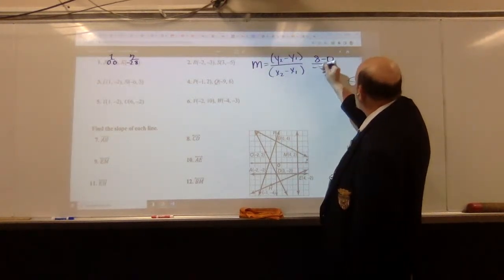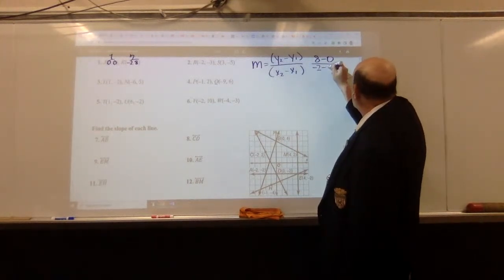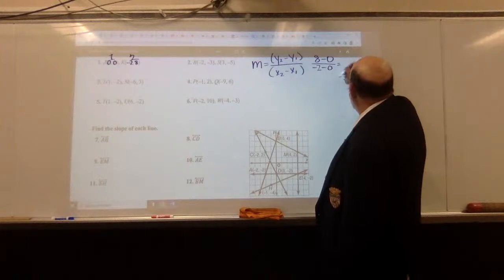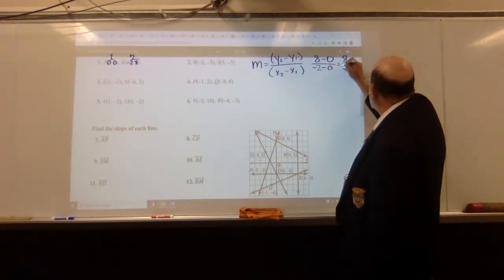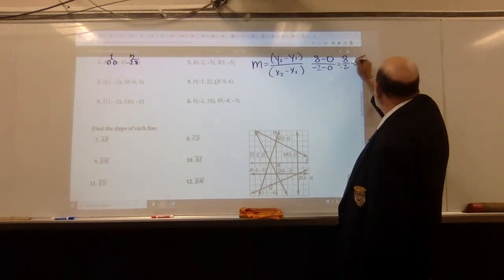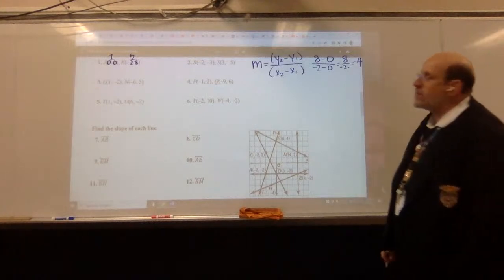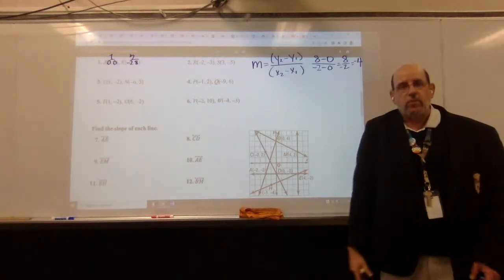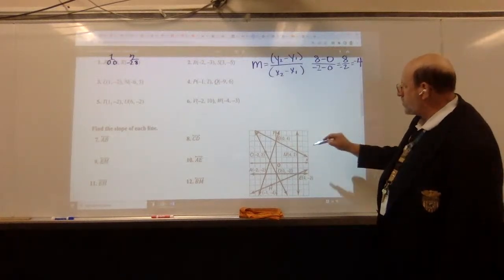Negative 2 is the x coordinate of our second pair, minus 0. What we'll have is 8 over negative 2, which is negative 4. So it has a very steep downward slope. It's going down from left to right, and it's pretty darn steep.